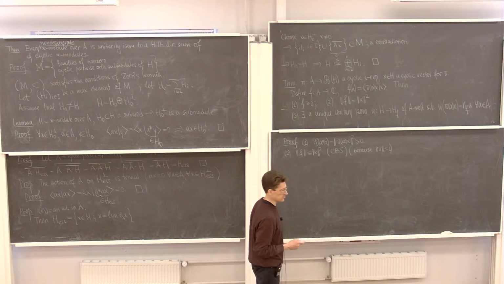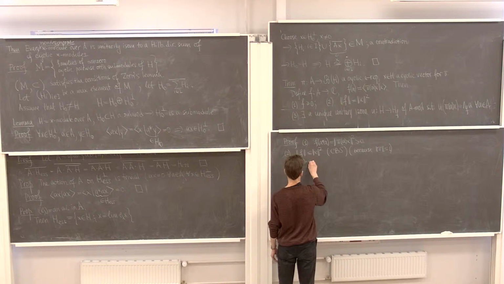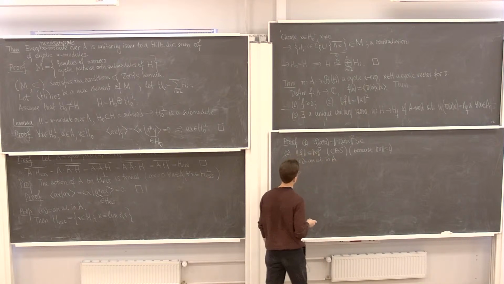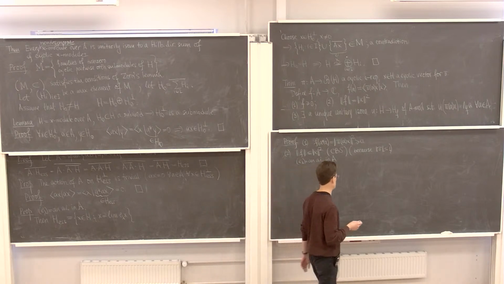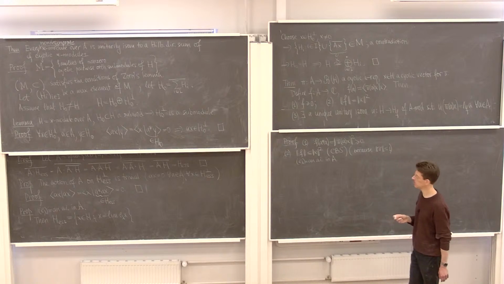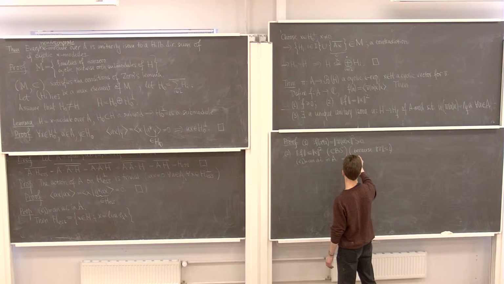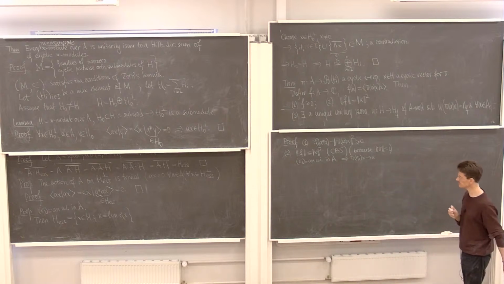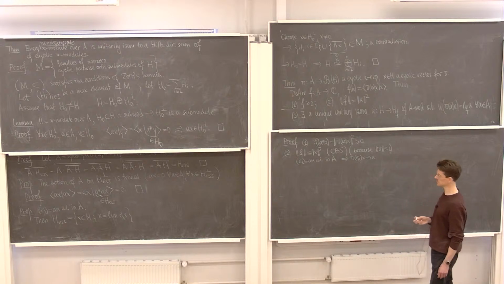So let's choose an approximate identity e_lambda in A. Our representation is cyclic. In particular, it is non-degenerate. So we have the following convergence. pi of e_lambda x converges to x. This was one of our earlier propositions.